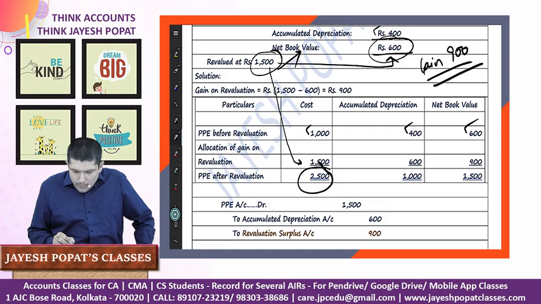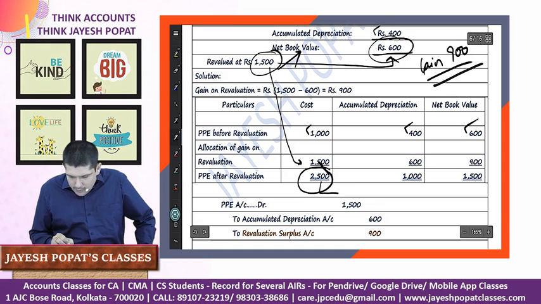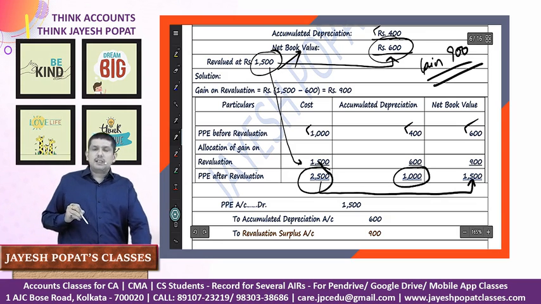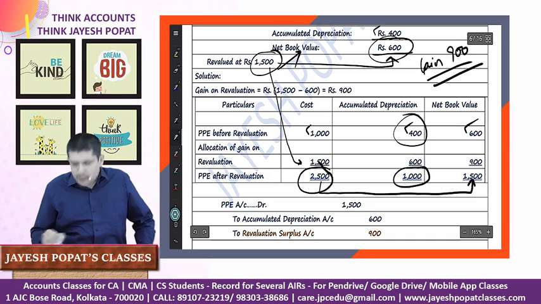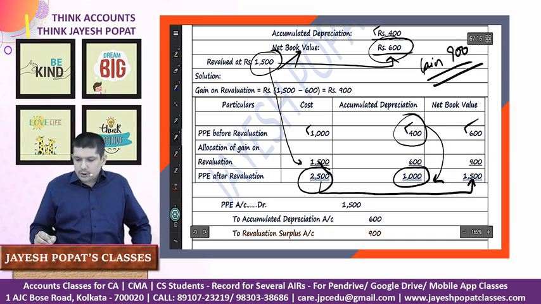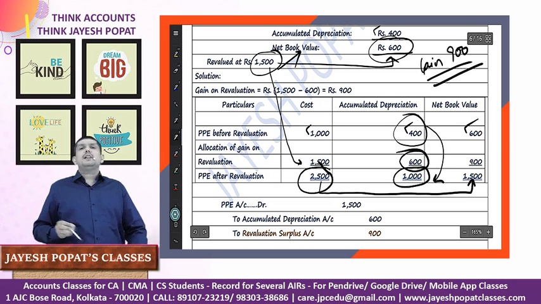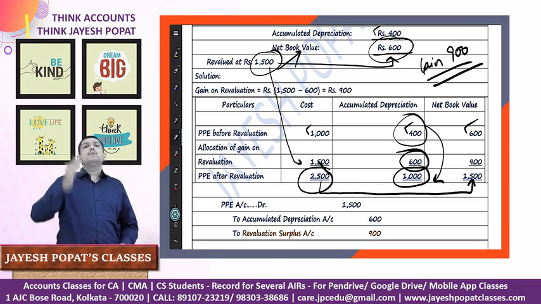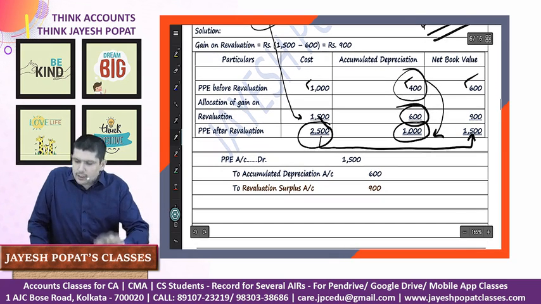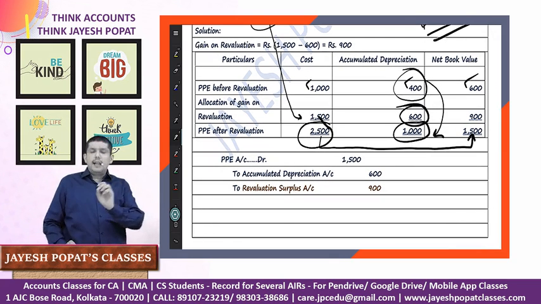So to make this 2500 into 1500, I need to deduct 1000 of accumulated depreciation. Right now in the books of accounts we have 400. I want to make this 400 into 1000, so I'll charge additional depreciation. I will increase my accumulated depreciation to reach 1000 by crediting the accumulated depreciation account by 600.